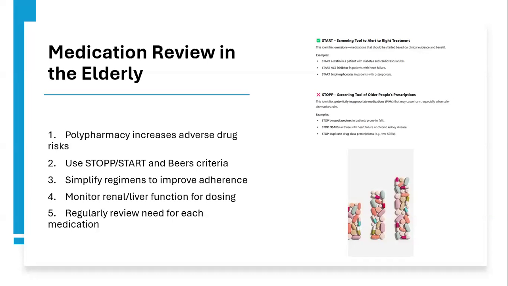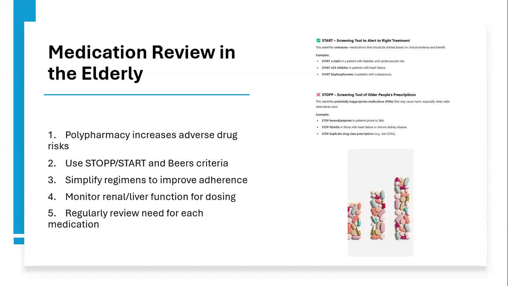And STOPP is the screening tool of older people's prescriptions. This identifies potentially inappropriate medications that may cause harm, especially when safe alternatives are available. So you may use such criteria, and Beers criteria is another one. You can go through the Beers criteria as well, which is also used in medication review in the elderly.